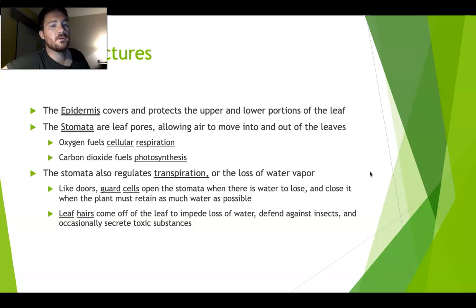The stomata also regulates transpiration, or the loss of water vapor. Like doors, guard cells hold open the stomata when there's water to lose. When there's plenty of water, we want to do as much photosynthesis as possible. But if there's a drought, the stomata get closed through the guard cells because the guard cells want to conserve the amount of water that they have.